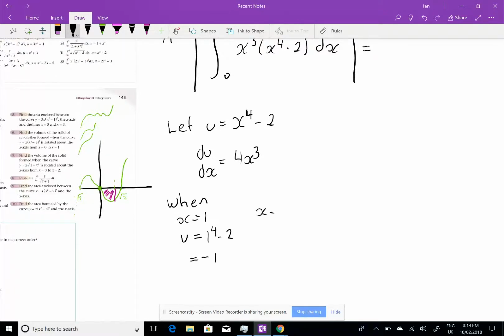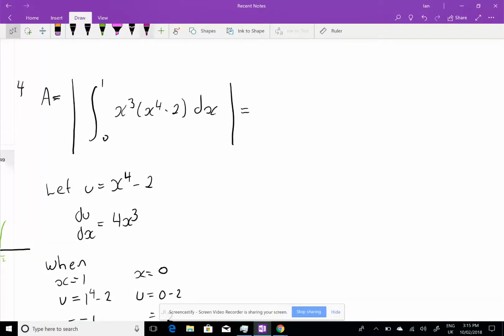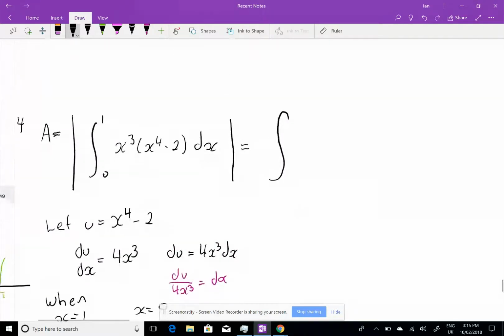And when x equals 0, u equals 0 minus 2, which is minus 2. For those people who are writing du in terms of x, so du equals 4x cubed dx, and those people who are doing this method, du on 4x cubed equals dx.